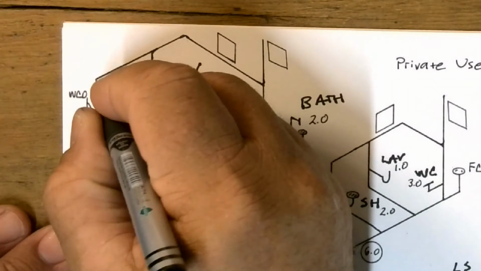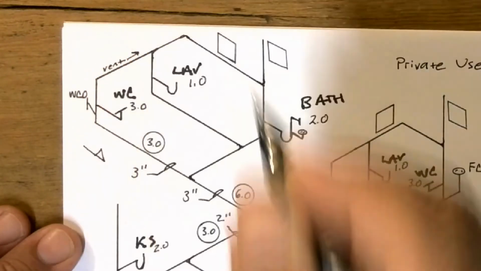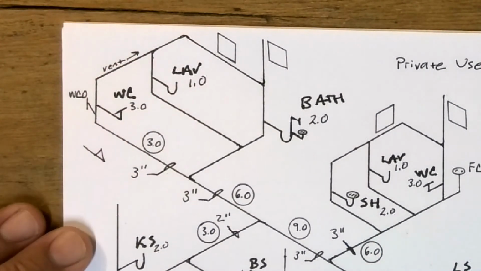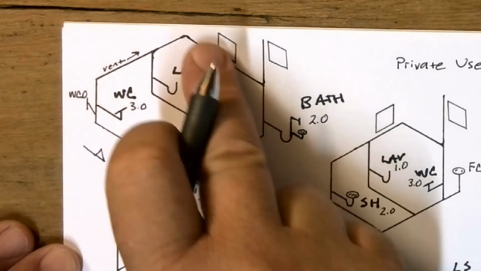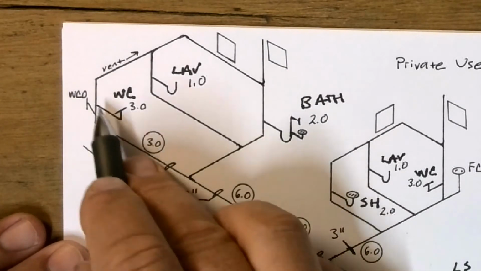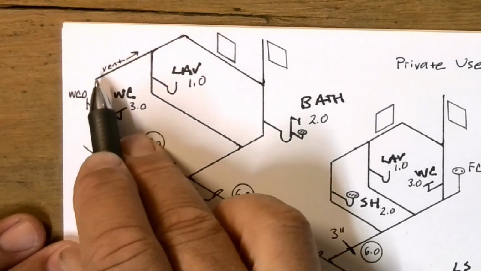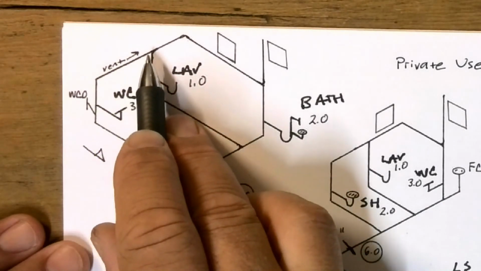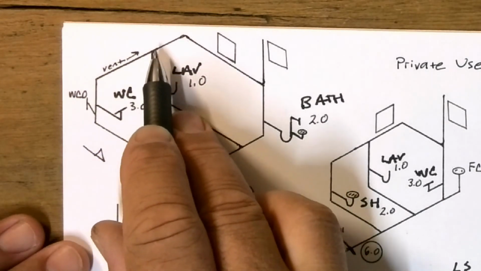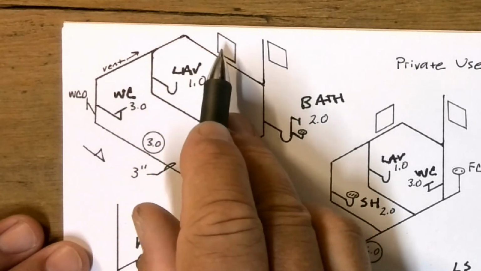So this is the vent pipe right here. And the vent is going that way, right? Everything runs up and out through the roof, okay? Fixture unit value on this piece of pipe is 3 for the water closet as it's coming up and through, and then it picks up this vent, which is the lav, so that's 4 fixture units.